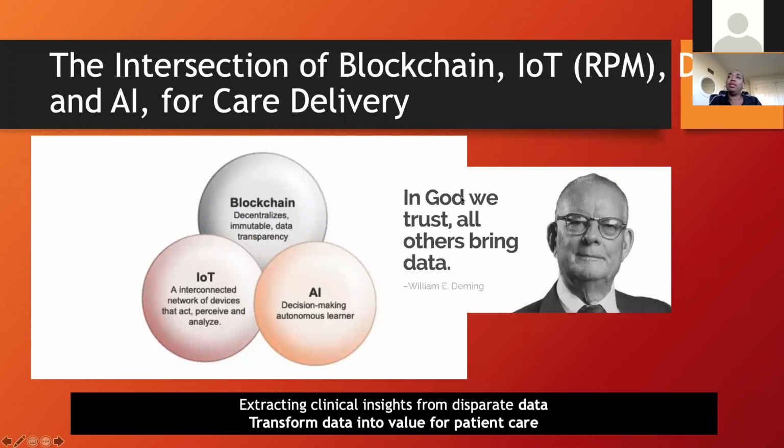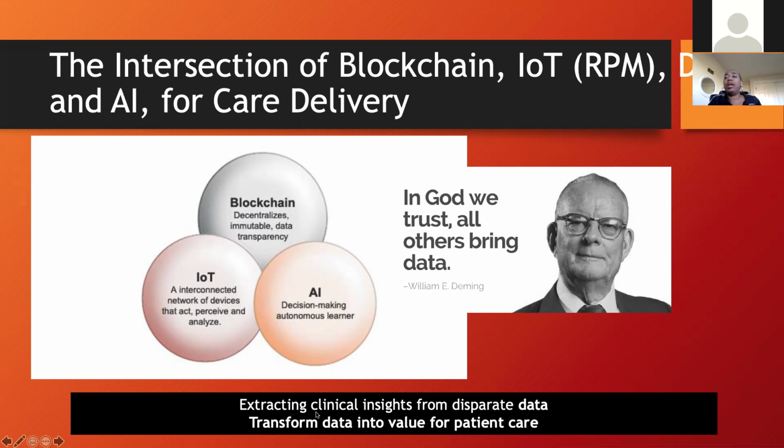And I love William Deming, if you know who he is, but you can look him up. In God we trust, all others must bring data. Love it, okay? So part of what we do, again, with the healthcare infrastructure, is having the right technology in place, talking to each other, gathering data, storing it safely, extracting the clinical data to get insight and bringing it from disparate systems and disparate data, and doing the analytics on it.